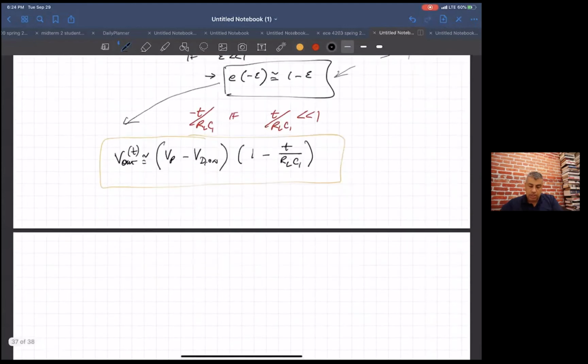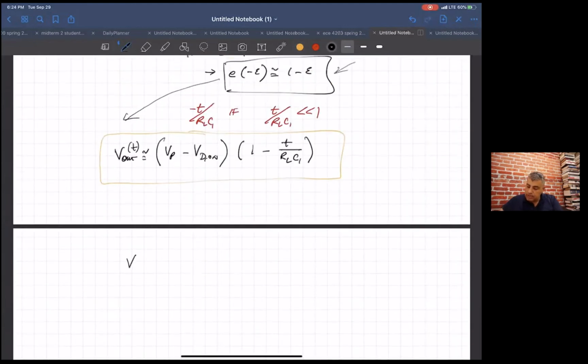Okay, let me rewrite this as V out of t is Vp minus V_D on, minus... okay.